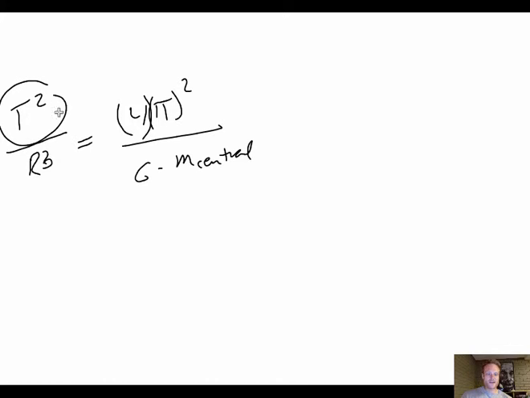Now we're interested in finding out what T squared is. So basically I'm going to multiply both sides by r cubed, so this one cancels, and then you're left with just T squared. Now I'm going to do a little bit of the algebra on my own, so if you're struggling with that piece, feel free to ask me questions about it.